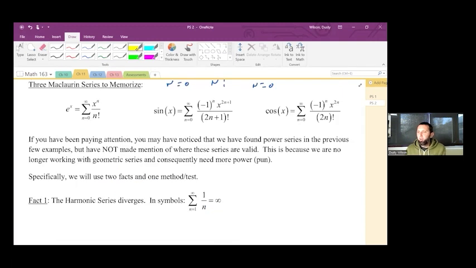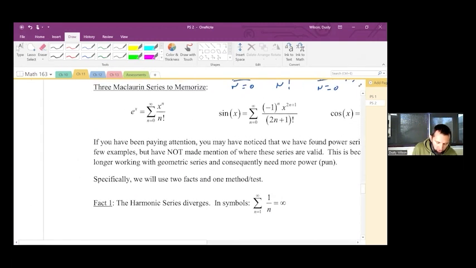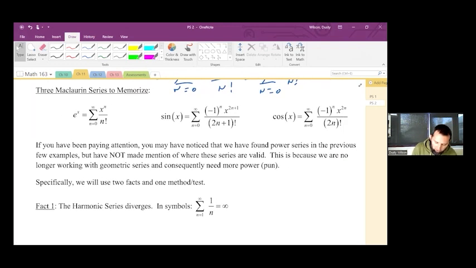All right, so one question that students have is, what do we need to memorize? There are 3 Maclaurin series that I want you to memorize. The first one is the one we've been using recently, the e to the x Maclaurin series.